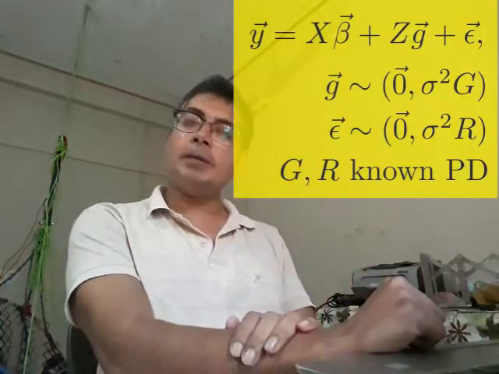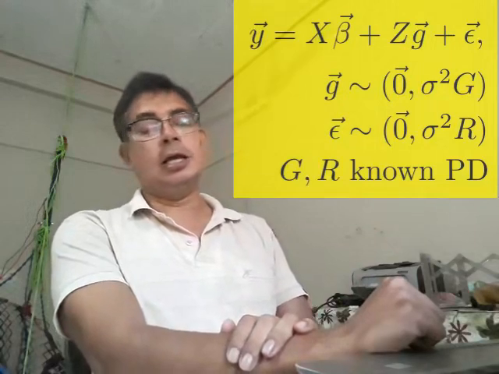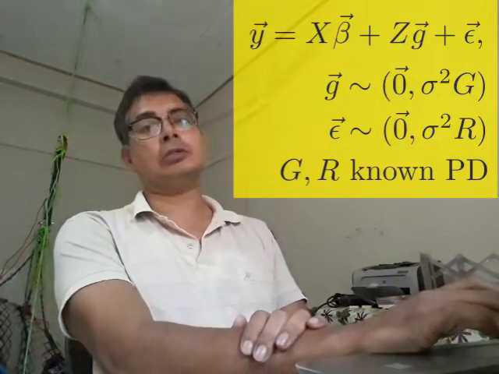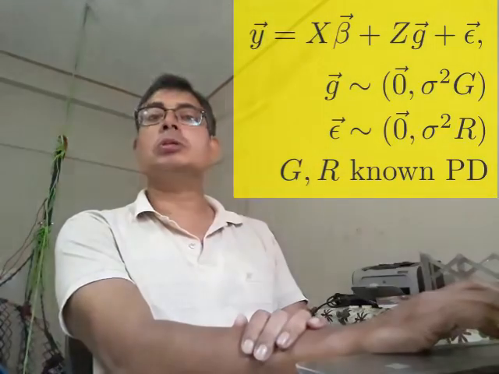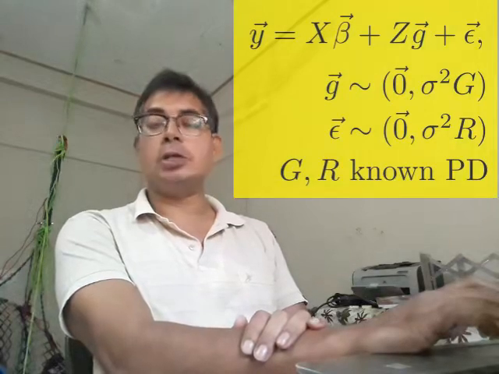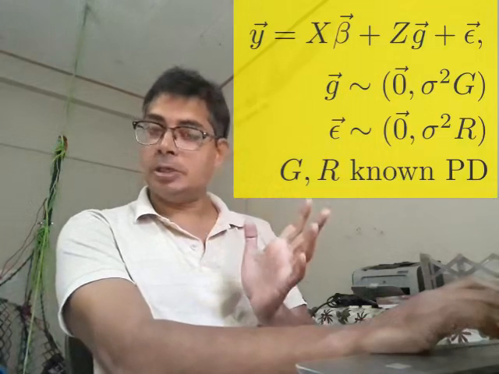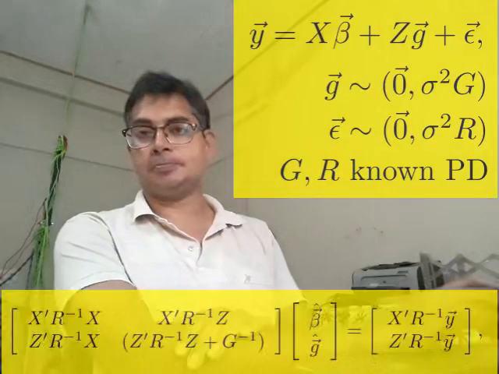So if you have this scenario, Henderson came up with a set of equations called Henderson's equations, solving which you can find both BLUEs as well as BLUPs. Remember, when we are working with BLUEs, they may also change a little because we have a different distributional assumption.